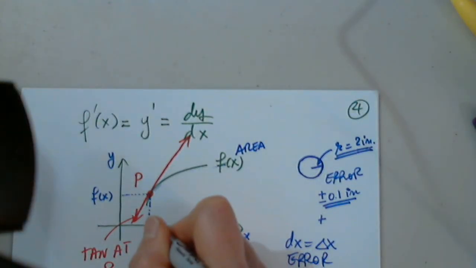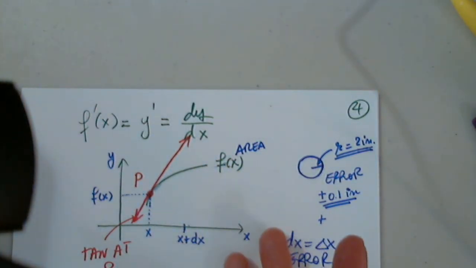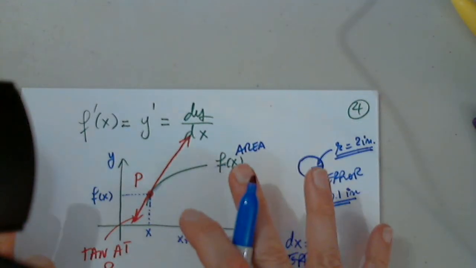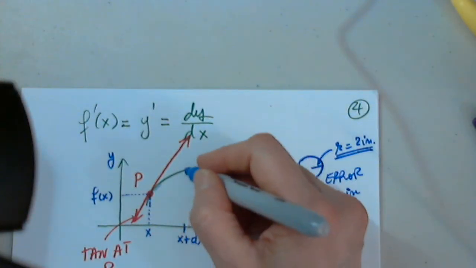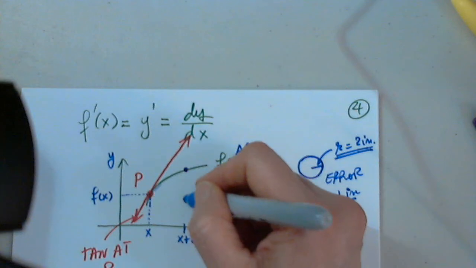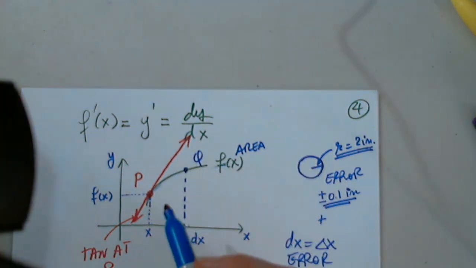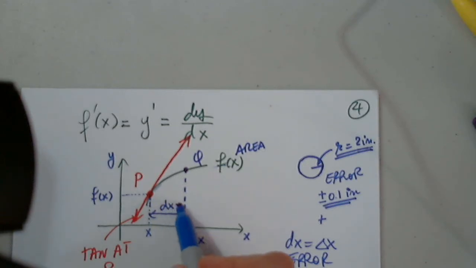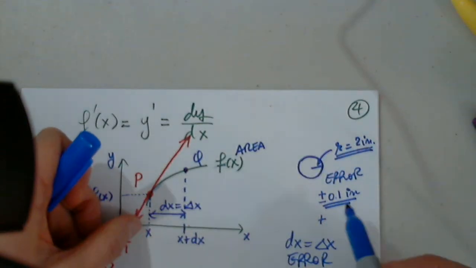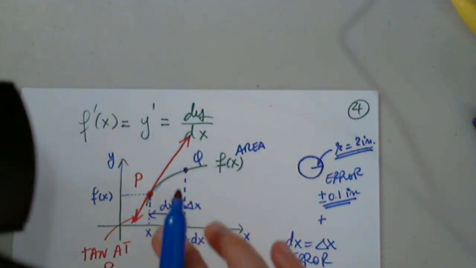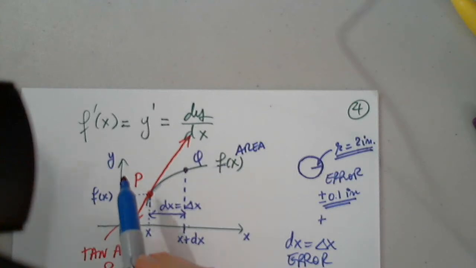Very tiny, very small here, but I will not be able to show what I'm doing, so I'm zooming in. So this is the point Q, and this distance, of course, is dx, which is also delta x. Huge, but no, it's very tiny, but once again, I'm zooming in so I can explain.